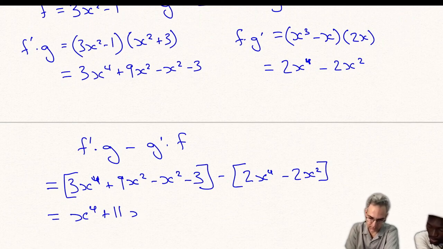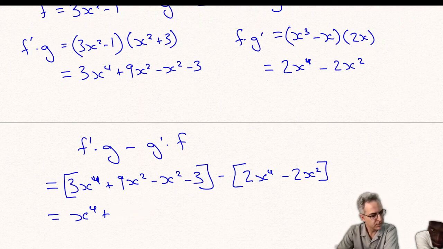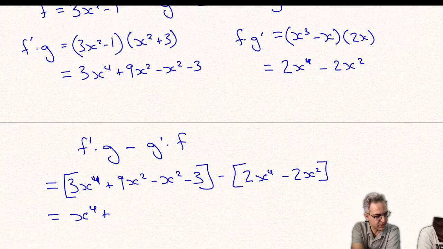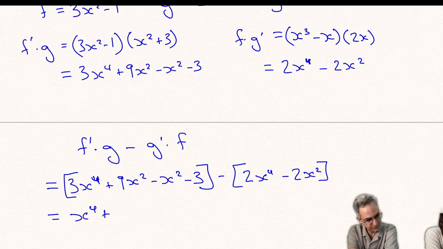So, let me go. We're here. 9x squared, yeah, so 9x squared minus x squared is then 8x squared, right? Yes. So 8, and then minus minus, is this 2x? Are you sure?